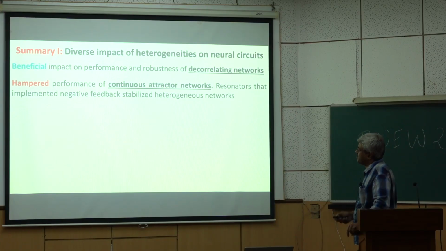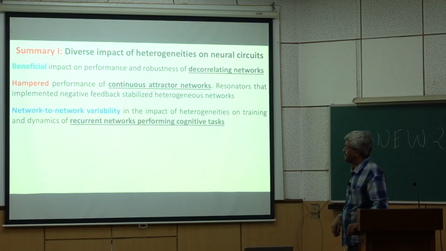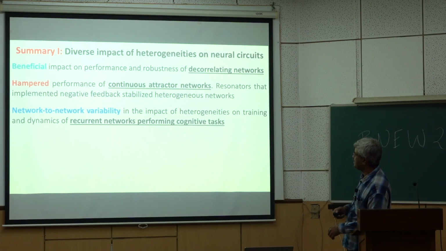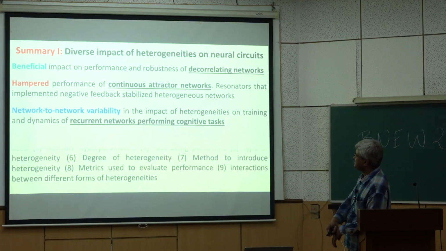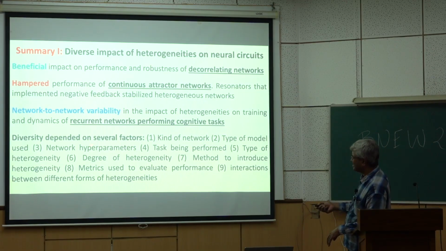And it hampered performance in continuous attractor networks, and that was restorable with the introduction of slow negative feedback loops, in this case with ion channels, but you could do it with inhibition as well. And there was network variability in the impact of heterogeneities on training and dynamics of recurrent networks performing cognitive tasks. This is something which came up from several different lines of work from our own lab.